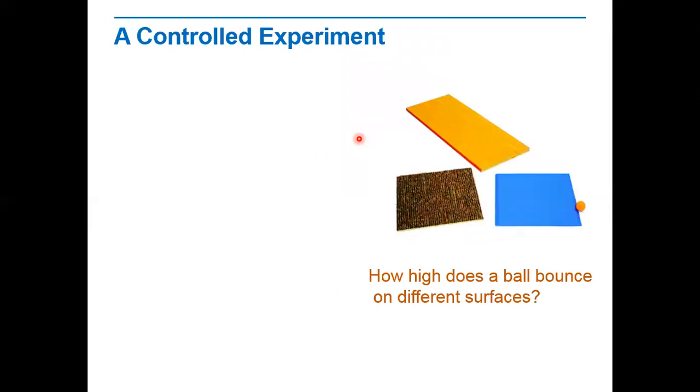Now, a controlled experiment. How high does a ball bounce on different surfaces? We have a ball and we have different surfaces, smooth and rough.